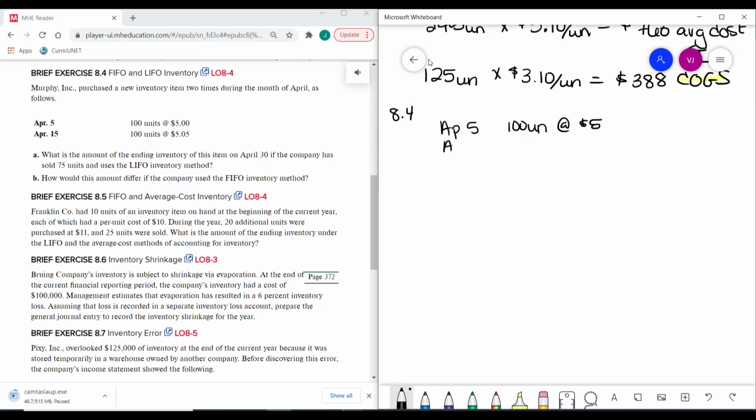And then April 15th, they purchased 100 units at $5.05 each. Okay, so they want us to figure out for A, what is the amount of ending inventory of this item on April 30th if the company has sold 75 units and uses the LIFO inventory method. So using LIFO, we want to find out what our ending inventory cost is.